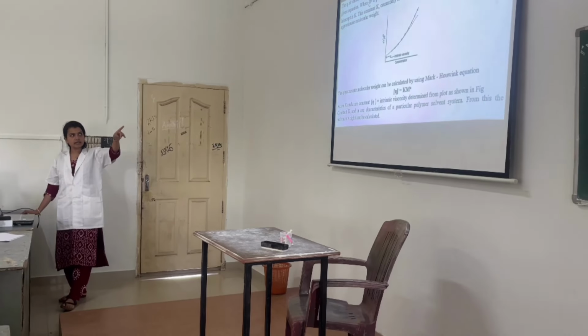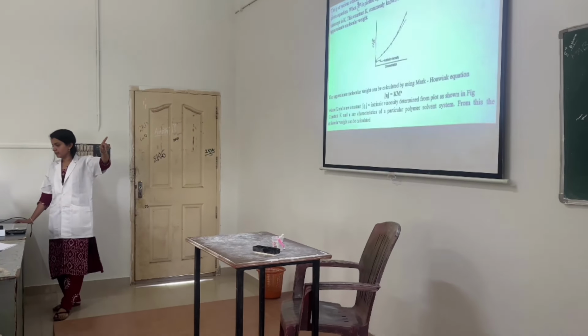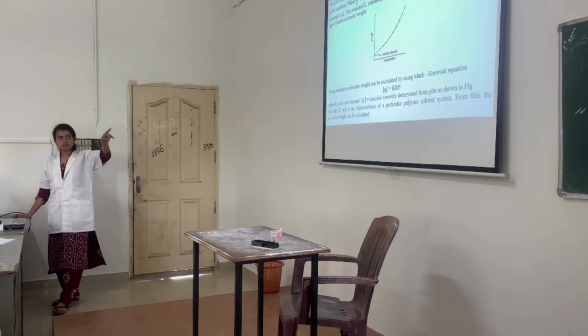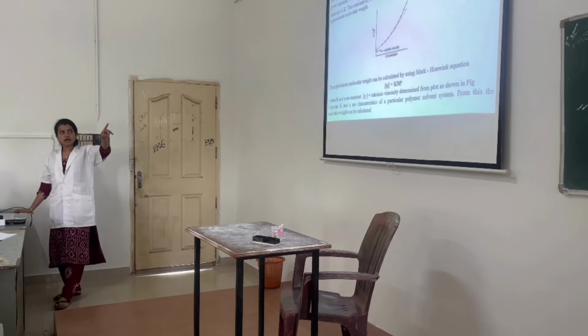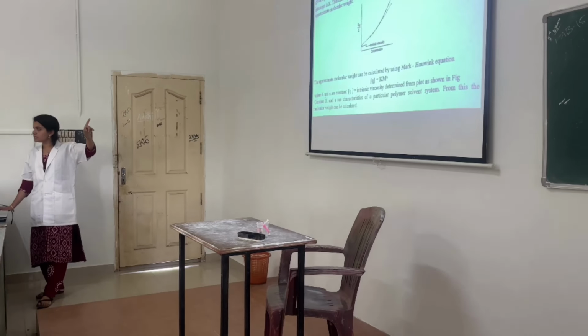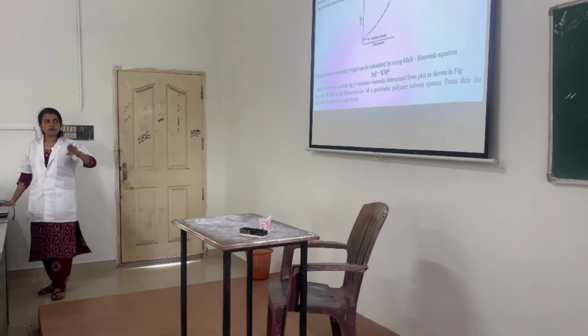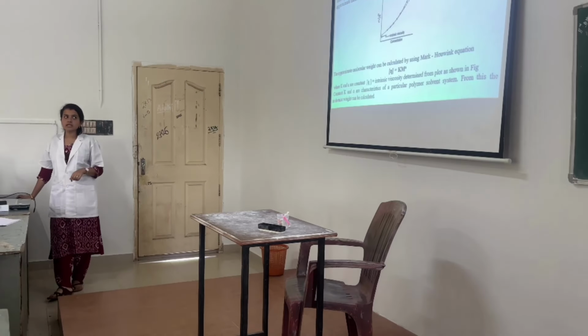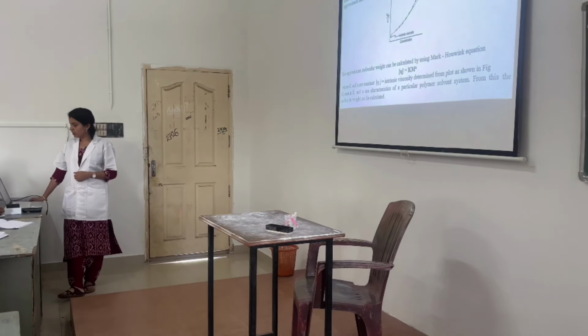And this constant K is commonly known as the intrinsic viscosity. Eta is used to calculate the approximate molecular weight of the colloid. Now, the approximate molecular weights can be calculated by using the Mark-Houwink equation.